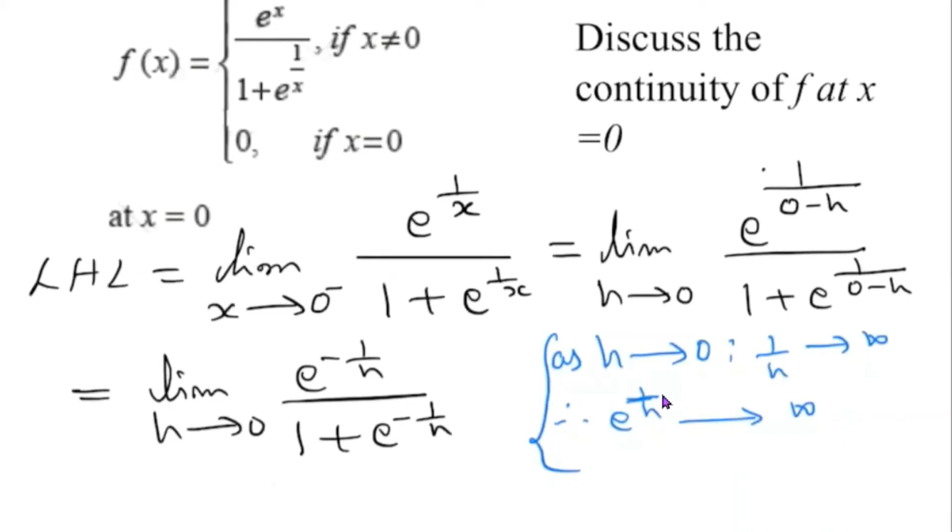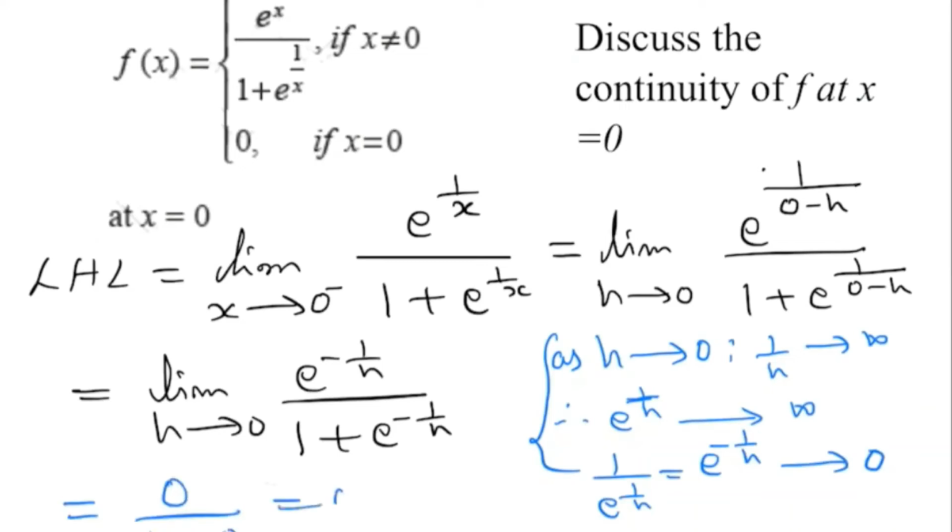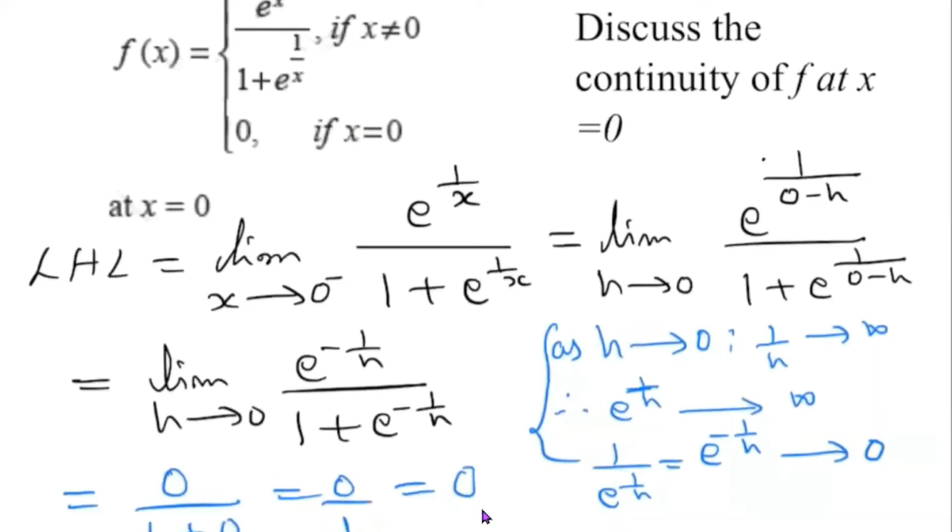As it approaches infinity, the reciprocal of that, that is 1 upon e power 1 by h, which is same as e power minus 1 by h, approaches 0. So now the limit becomes 0 upon 1 plus 0, that is 0 upon 1, 0. Left hand limit of the function is 0.